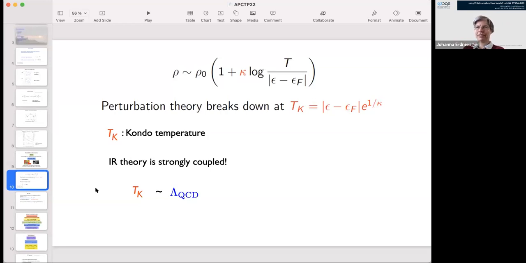And the strong interaction, in the CFT language, can be written as a change of the boundary condition. Does that answer your question?